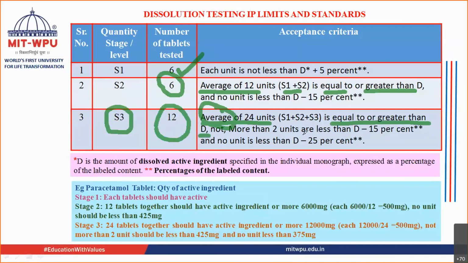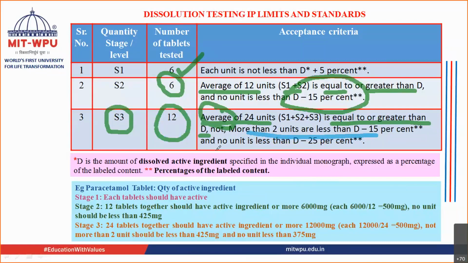At least the average of all 24 should be greater than or equal to D, and not more than 2 units. Here, what we allowed earlier was that no unit was less than D minus 50. But here we are allowing not more than 2 units less than D minus 50.